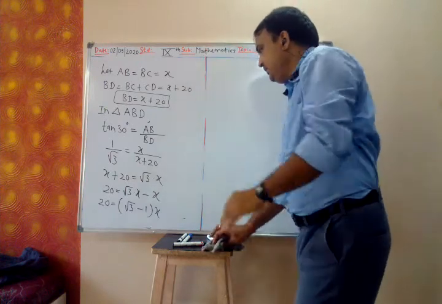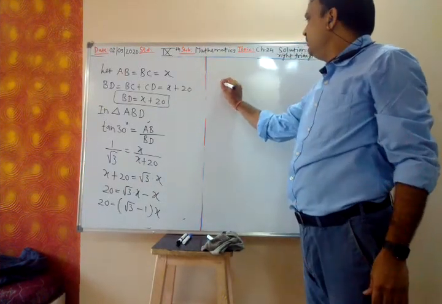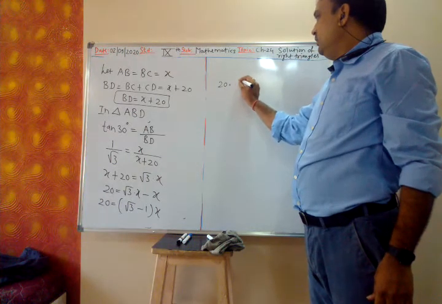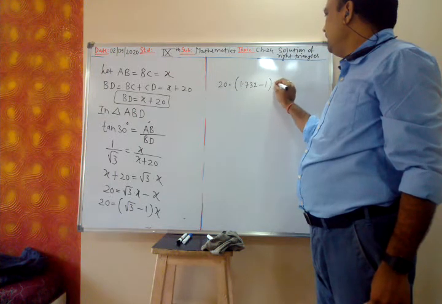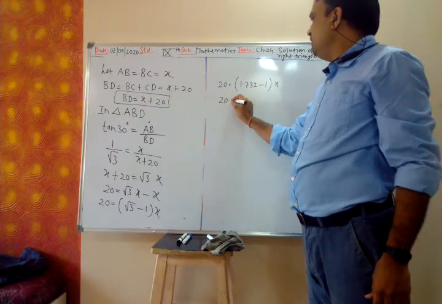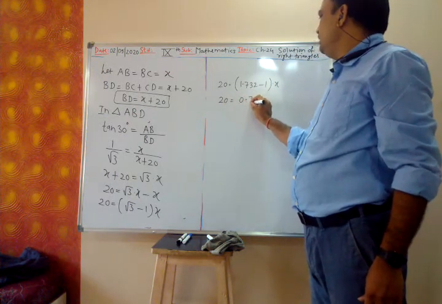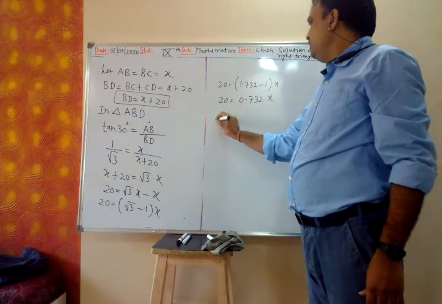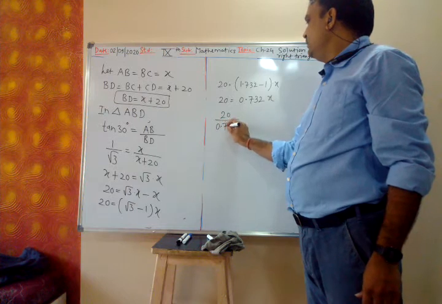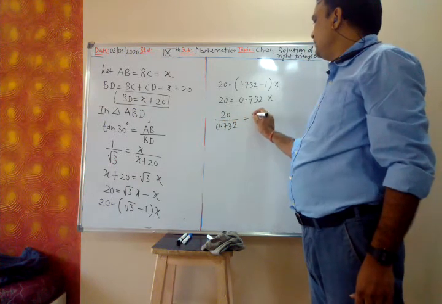So we put that in and simplify. 20 is equal to 1.732 minus 1 into X. So 20 is equal to 0.732 into X. So 20 upon 0.732 is equal to X.